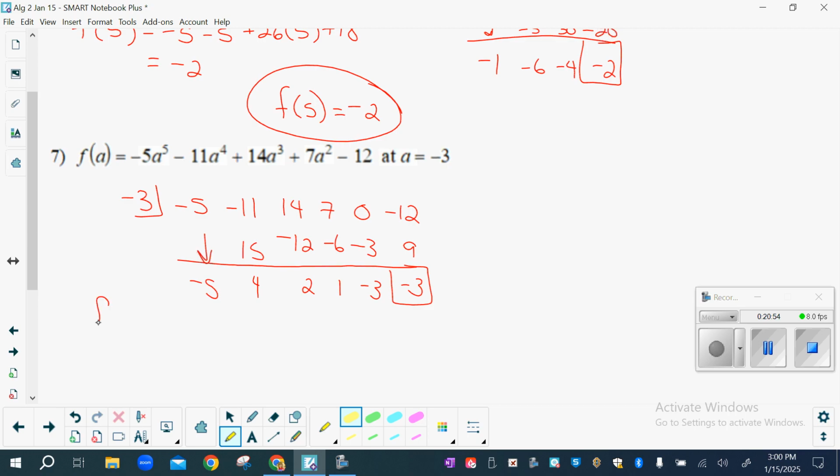So my f of -3 is equal to -3. Don't forget to write your answer like this, because your answer is not just this here. f of -3 is -3. Can that remainder be a different number? Of course, it just so happened to be the same number. Whatever we get for the remainder goes into that.